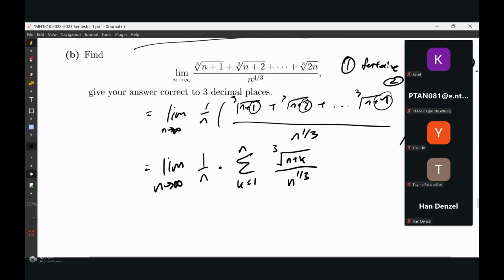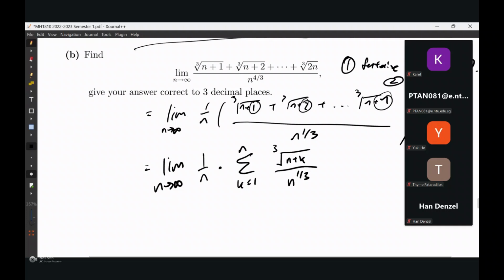You can combine these two cube roots together: the cube root of n over n plus k over n. And this equals the limit as n approaches infinity of 1 over n, summation k equals 1 to n, of the cube root of 1 plus k over n.